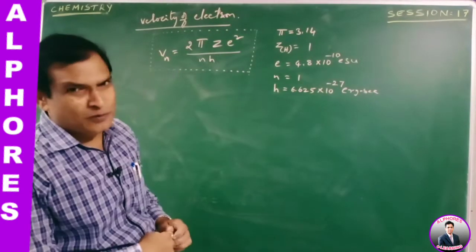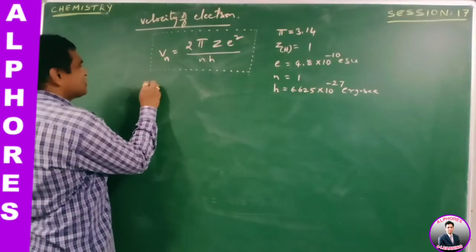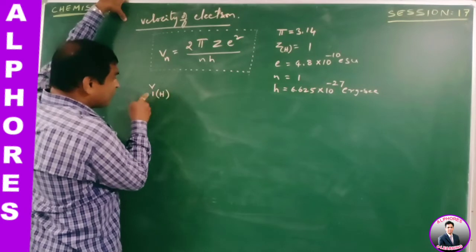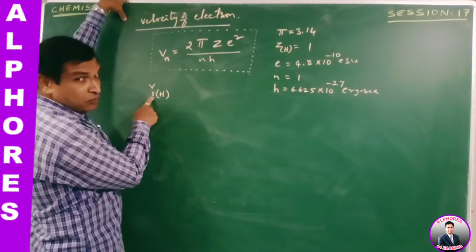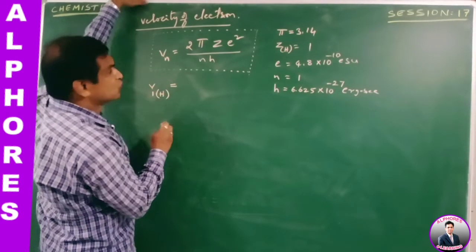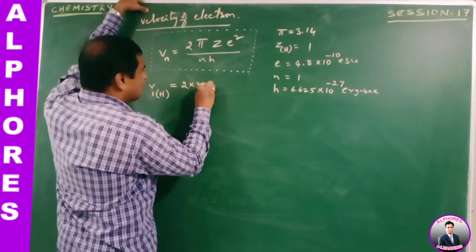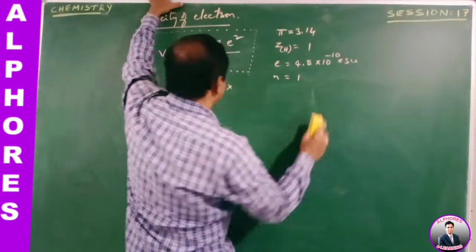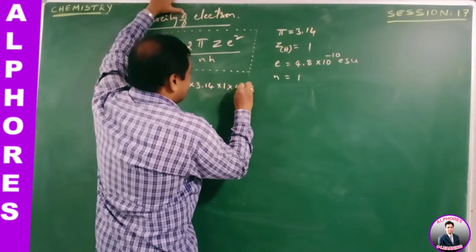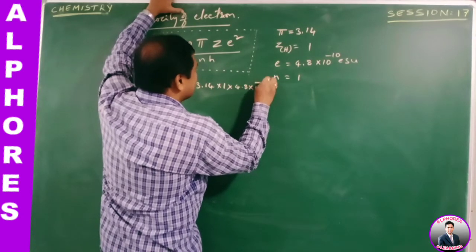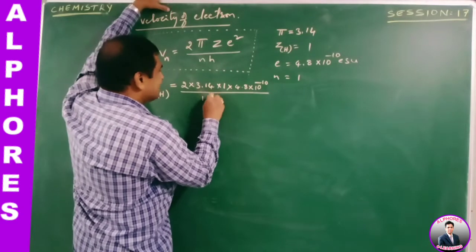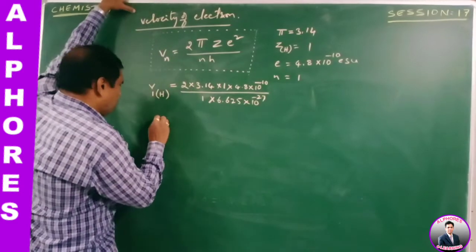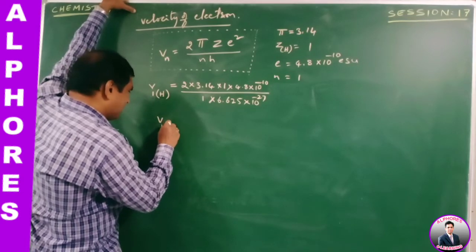So substituting all the values, the velocity of the electron in the first orbit of hydrogen atom, V1H, is 2 into 3.14 into 1 into the charge of the electron, 4.8 into 10 to the power minus 10 ESU, divided by n, the first orbit, into Planck's constant 6.625 into 10 to the power minus 27.